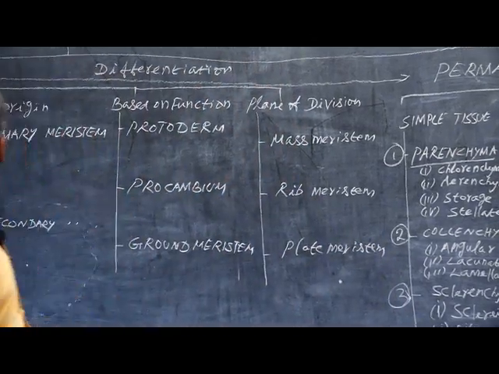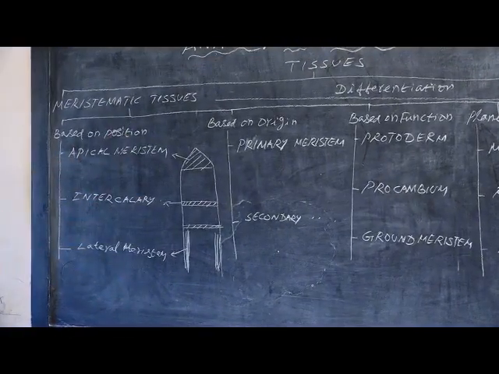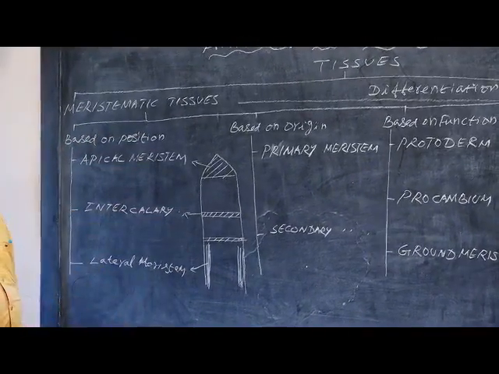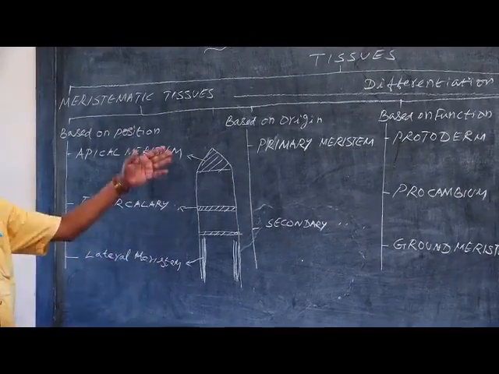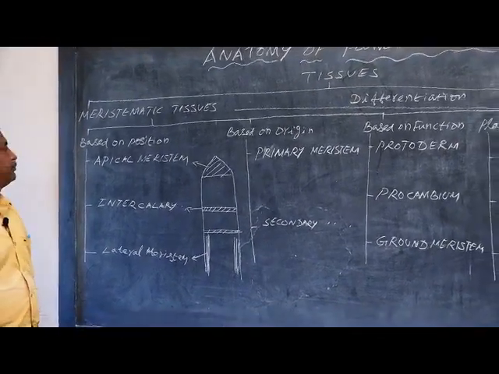The meristematic tissues are classified into different categories on the basis of their position, origin, function and plane of division.